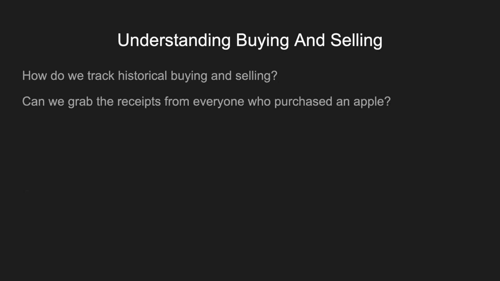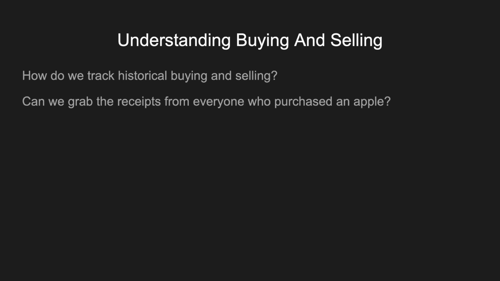So how do we actually track historical buying and selling, right? If we're talking about apples still, and we're talking about a day-to-day thing, is it possible for us to grab the receipt? So anybody that goes into the grocery store anywhere and buys an apple, are we able to somehow get this information, have a stack of receipts and sit there and go through and be like, well, this guy paid, let's say, 80 cents for apples, and this person paid 90 cents, and this person paid 76 cents, and then come up with a little bit of an average.